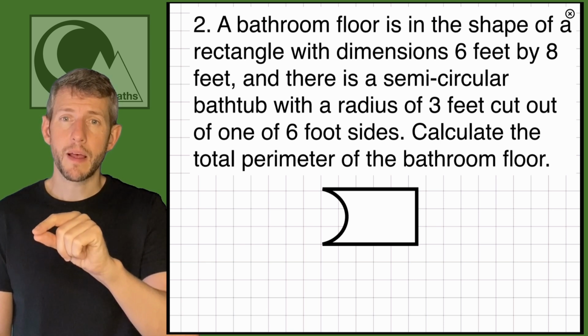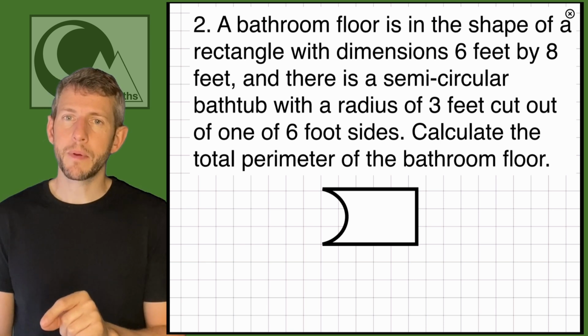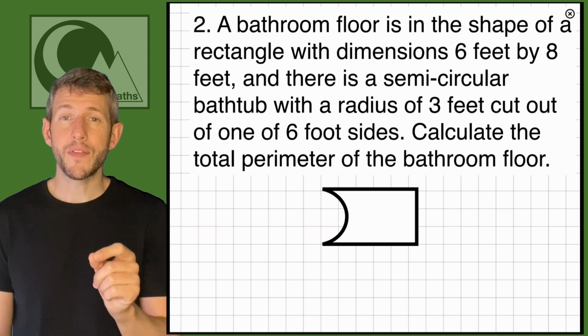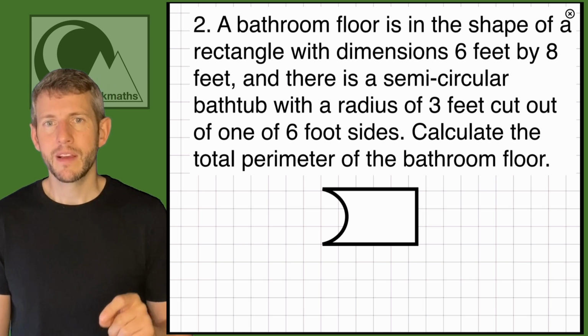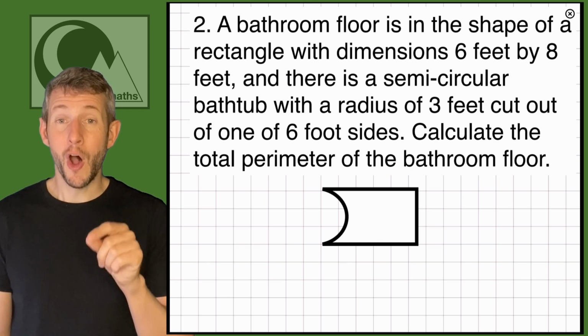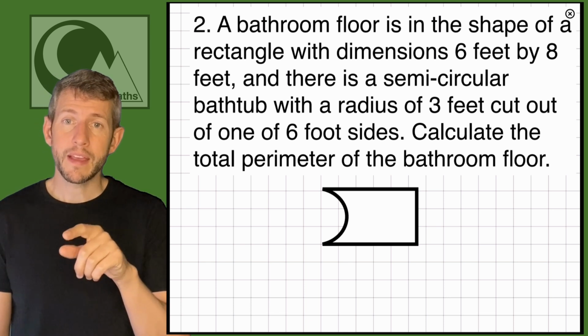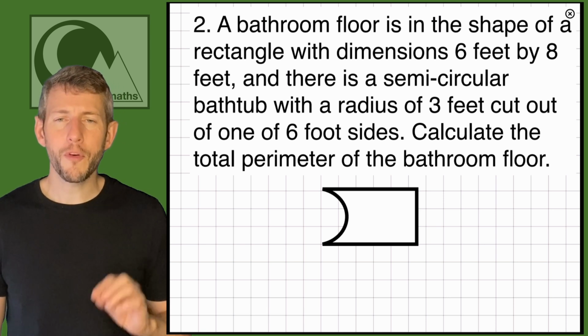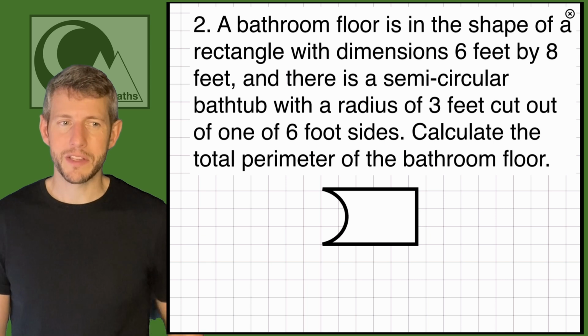Just because that line has gone into the shape, it doesn't stop it being just as long as it would have been if it was going out of the shape. So to get the perimeter of this bathroom floor, it's still going to be a case of that semicircle and then the 3 straight lengths. But before I get ahead of myself, let's read the question.